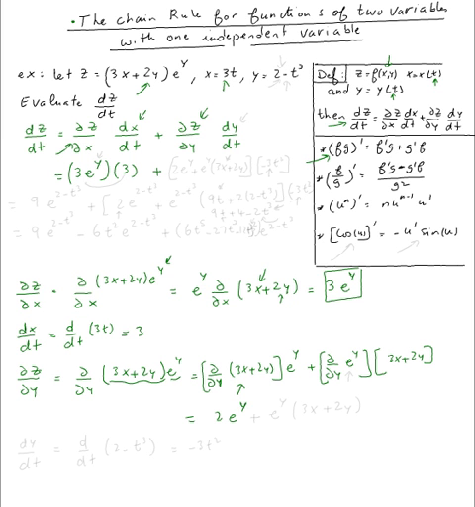So it's 2e to the y plus the partial of e to the y, which is just e to the y, times (3x plus 2y).